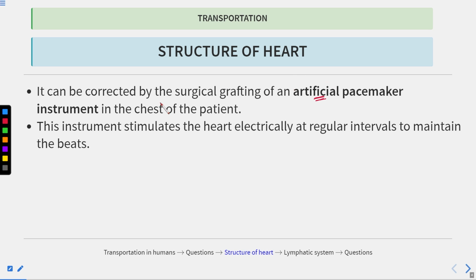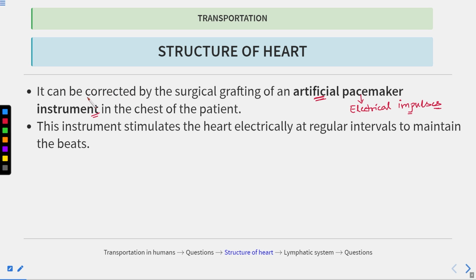This artificial pacemaker is an instrument that generates electrical impulses. It is fixed inside the heart, and it generates the electrical impulses so the heart can pump the blood at a normal rate.